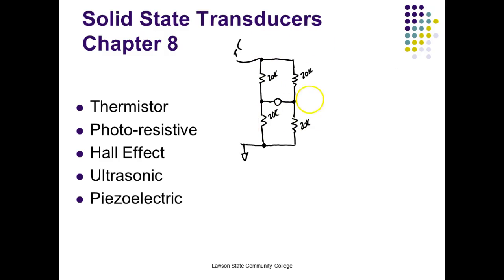Now, with 20K, 20K, 20K, 20K, I could calculate this using the voltage divider formula. So if I call this R1, this R2, this R3, and this R4, we'll calculate the voltage drop across R2 because both sides are going to be the same.